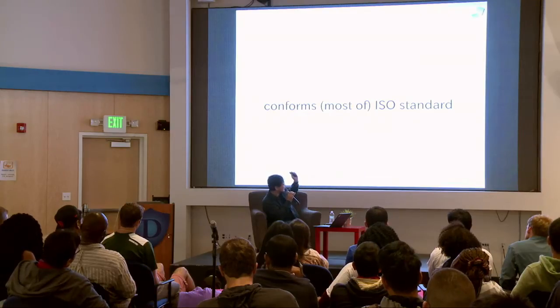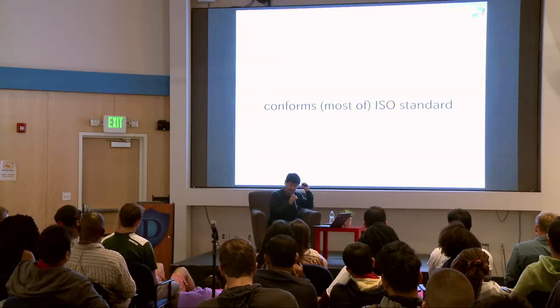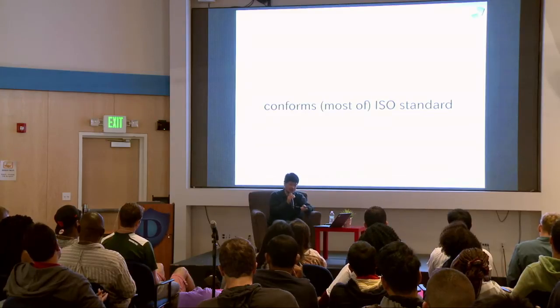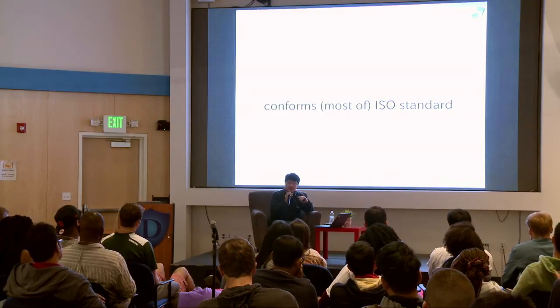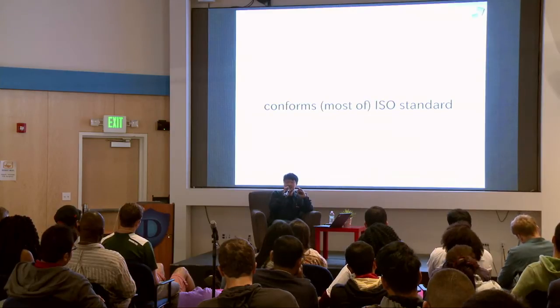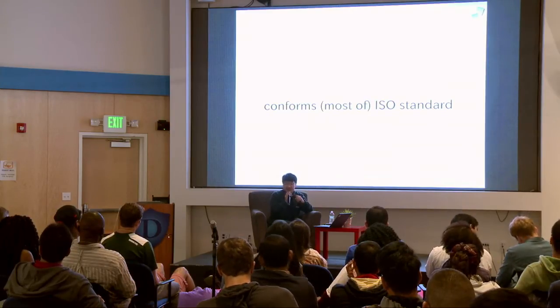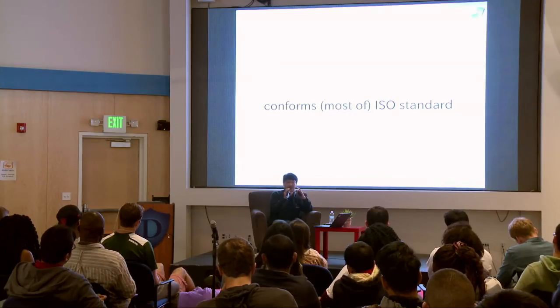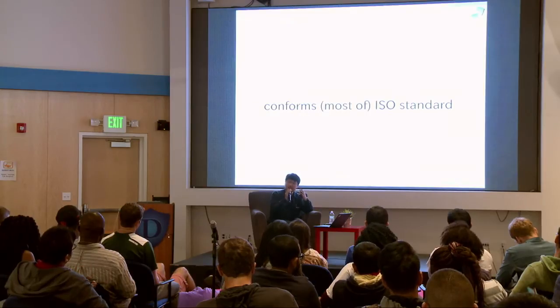So I took the Lua virtual machine and made heavy modifications and improved it a lot. And then we put in a better API, to make mRuby conform to most of the ISO standard. I say most just because mRuby is very limited in portability, so we cannot implement some parts of the ISO standard.